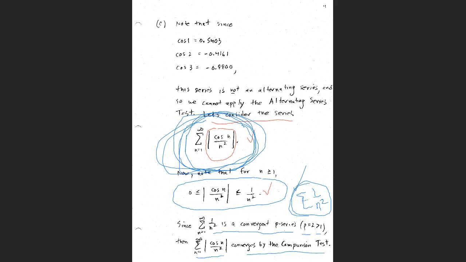Now, for the series n equals 1 to infinity of the absolute value of cosine of n over n squared, when we say that series converges, what are we saying about the sum? What can you tell me again about the sum if the infinite series converges?